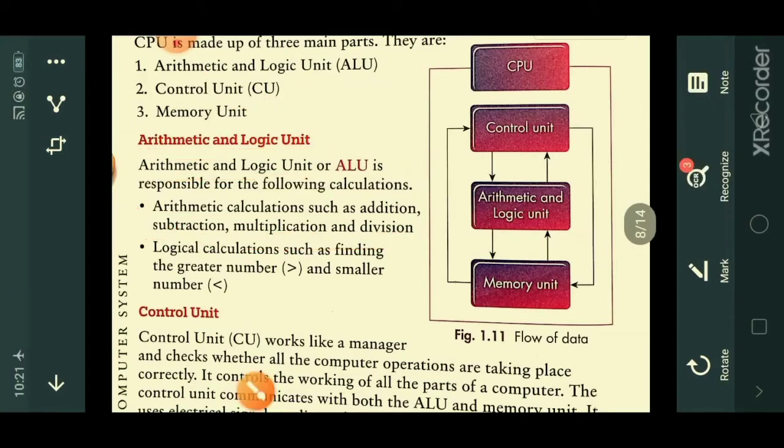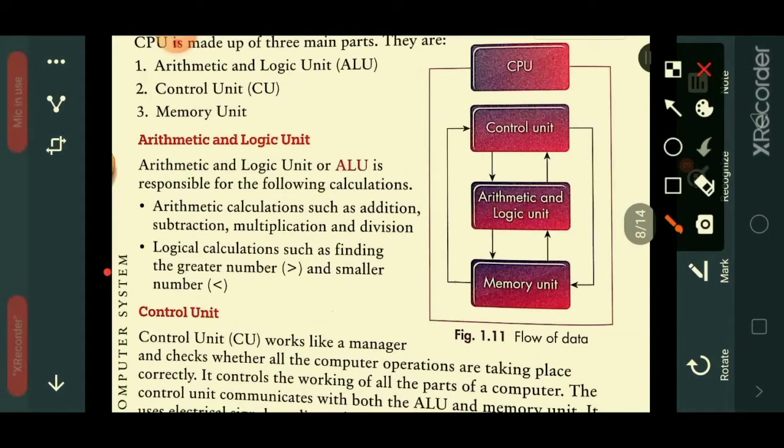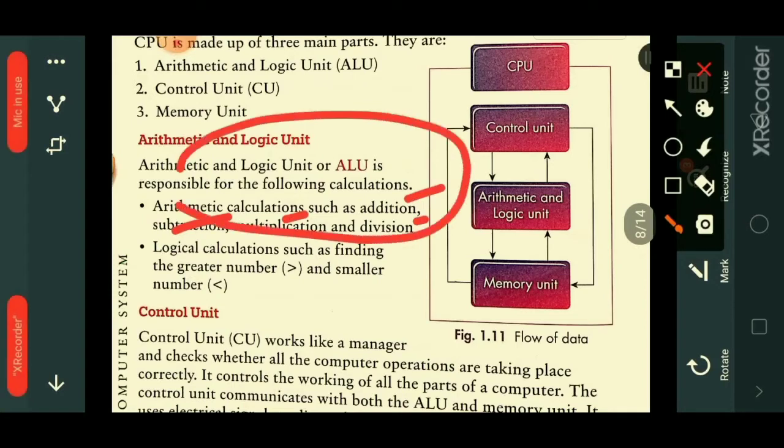It is also used for logical calculations such as finding the greater number and the smaller number.